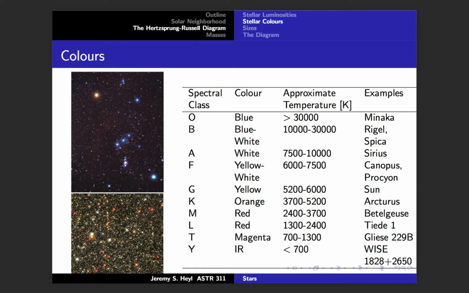So then we have orange stars like Arcturus, and then the red star like this guy, Betelgeuse. And those guys are doing something else inside that makes them much brighter than a star that's burning hydrogen in the middle. So the colors of the stars are giving a hint to what the stars are doing at that moment.